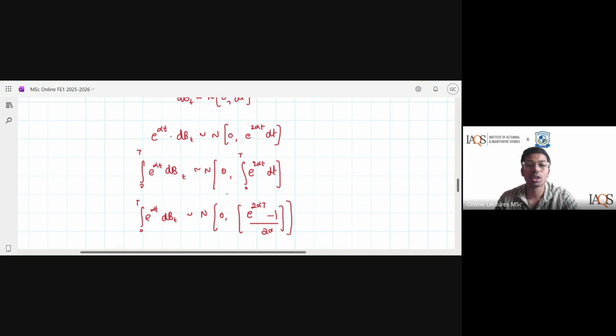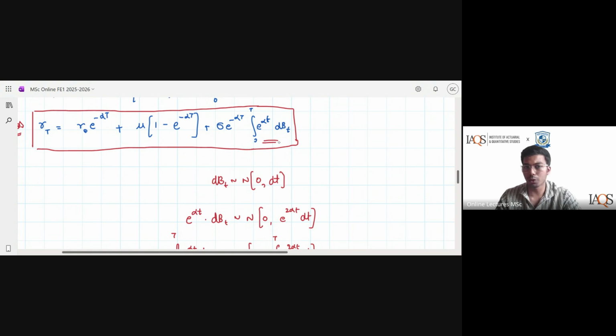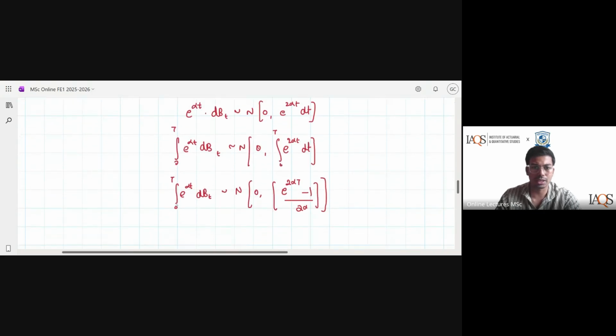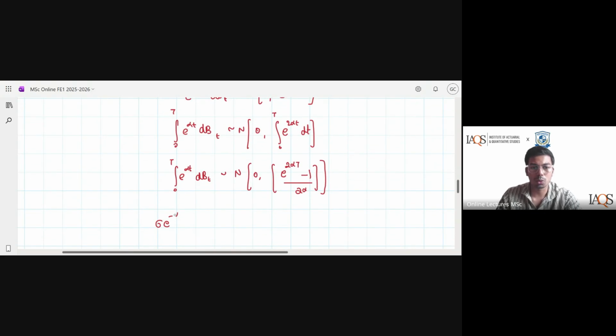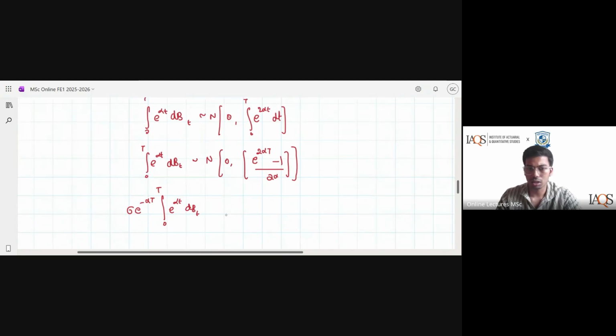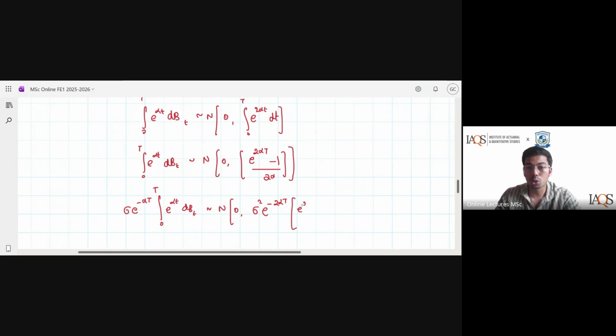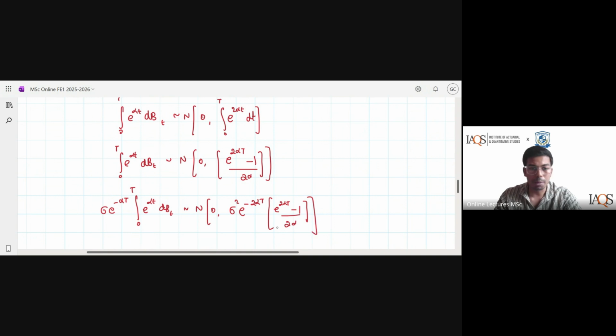Everyone understood this? All right. Now I accounted for this entire part. I now have to account for this. I'm multiplying σ into e^{-αT}. You all are understanding this, right? The variance will become σ² e^{-2αT} into (e^{2αT} minus 1) upon 2α.